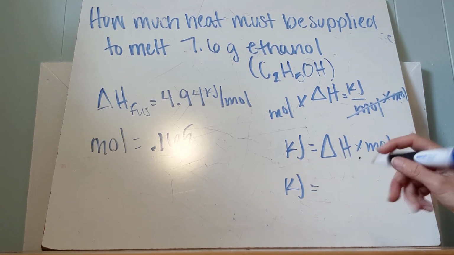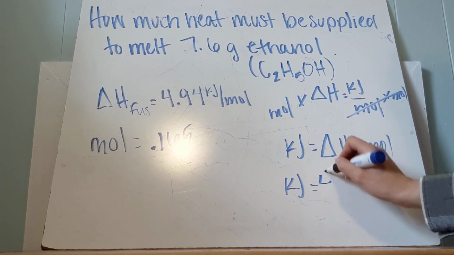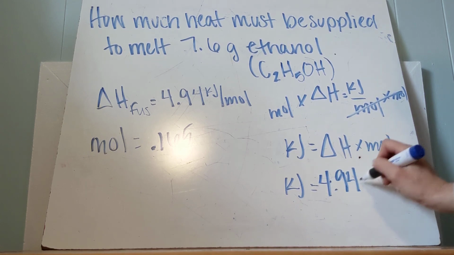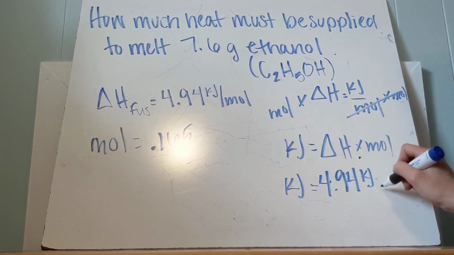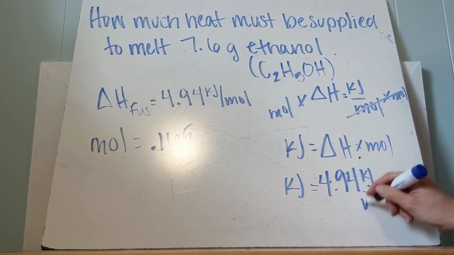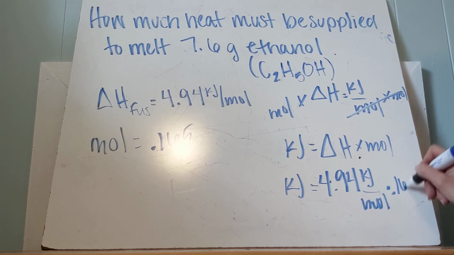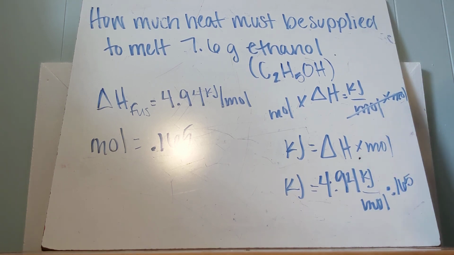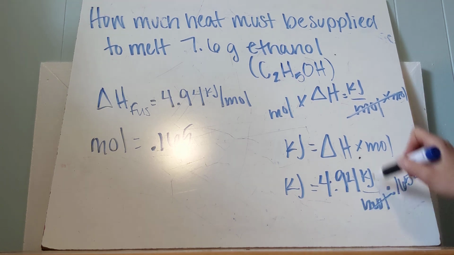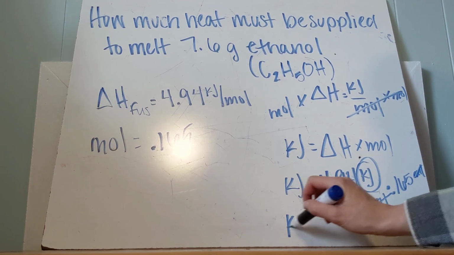So then my delta H is 4.94 kilojoules per mole, multiplied by my 0.165 moles. Moles cancel, I'm left with kilojoules.